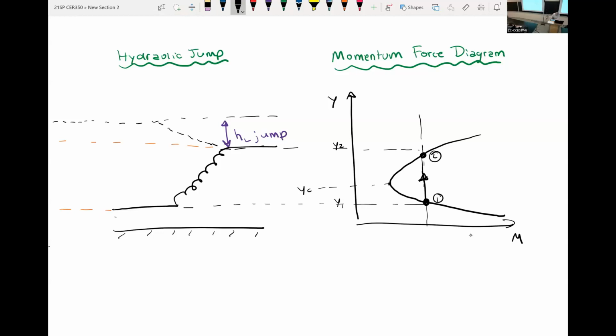All right, so for steady flow, the hydraulic jump occurs where M1 equals M2.